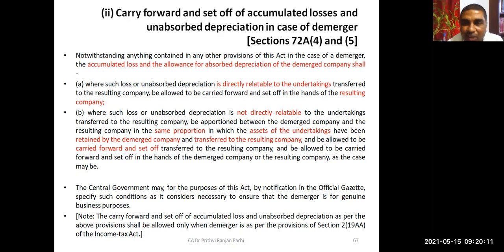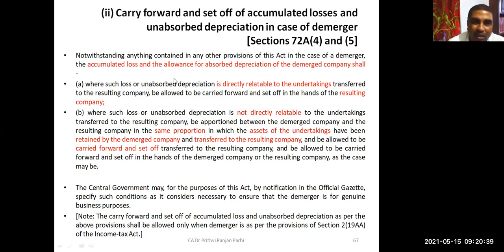And if the accumulated losses are relatable to an undertaking, that means the cement sector, the accumulated losses should be transferred to the resulting company which deals with cement. If the loss is related to software, then it should be transferred to the resulting company which deals with software. So one company is split into two different companies, and this is how things will be dealt with.